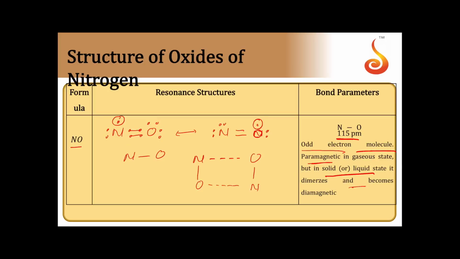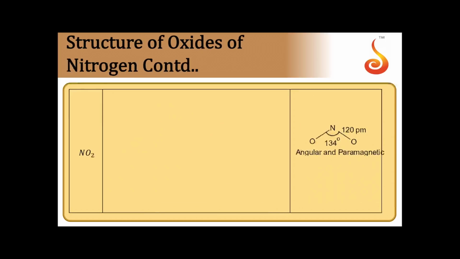This type of structure exists in the solid or liquid state. This is going to be diamagnetic in nature, and this molecule is going to be paramagnetic in nature. This is the structure of nitric oxide. So the odd electron will be in the gaseous form.